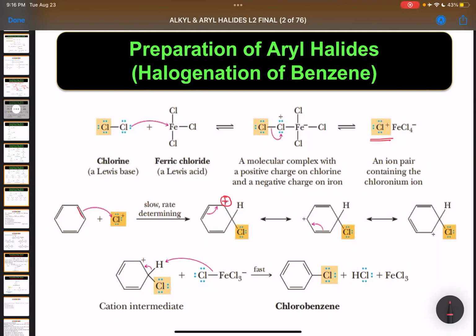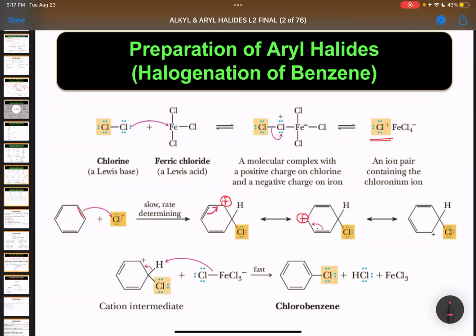And this plus charge can move within the ring because there are some more pi bonds. There are 2 pi bonds left in the benzene, so this plus charge can pull the electron density from the adjacent pi bond in the ring. It can come at various places.